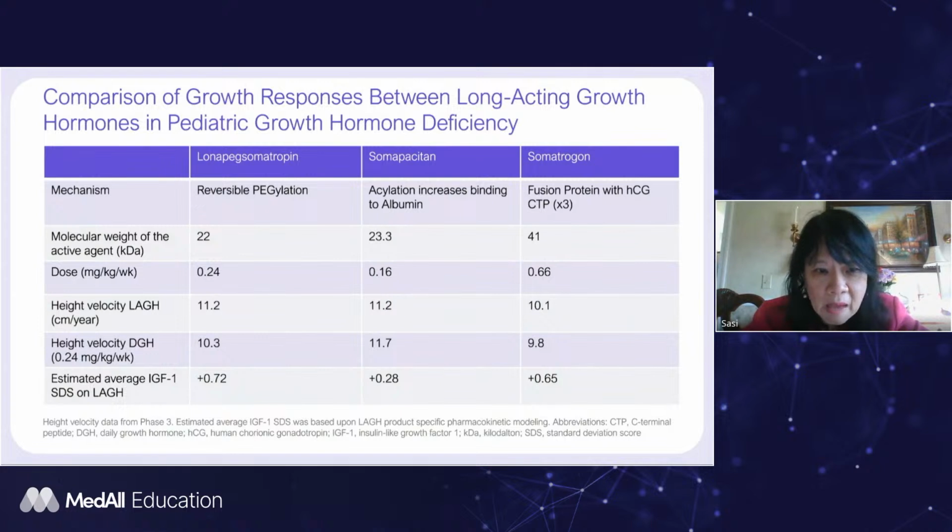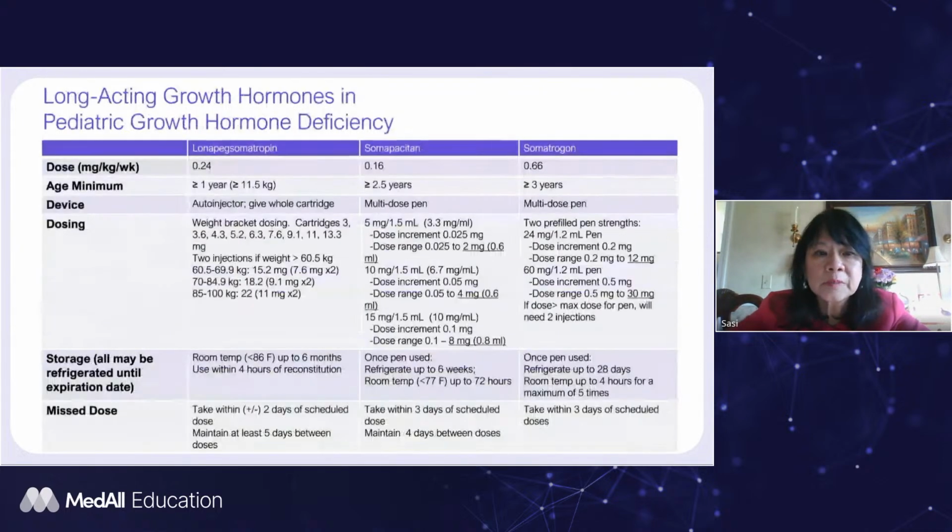And if you look at the average IGF-1 level on long-acting growth hormone, the standard deviation score is about 0.72, 0.28, 0.65. So it's very safe when we look at the IGF-1 level.